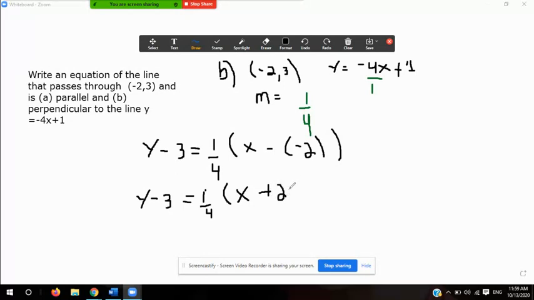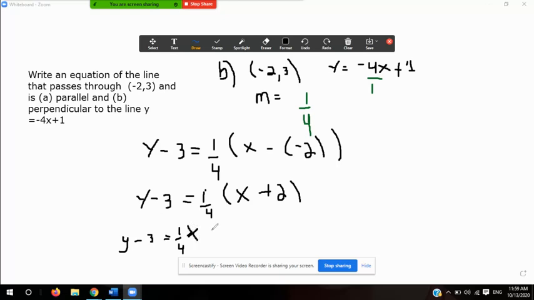So y minus 3 is pretty much going to stay the same. Equals 1/4 x, because 1/4 times x is 1/4 x. And then you have 2 times 1/4, which is 2/4.